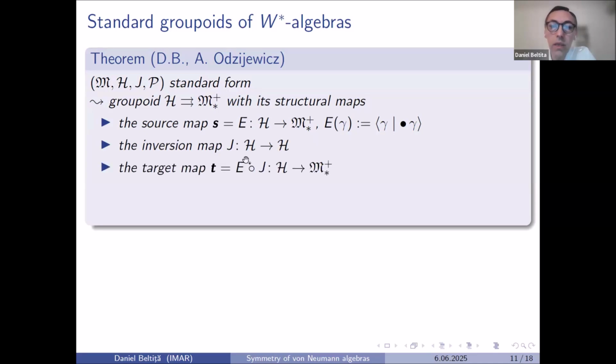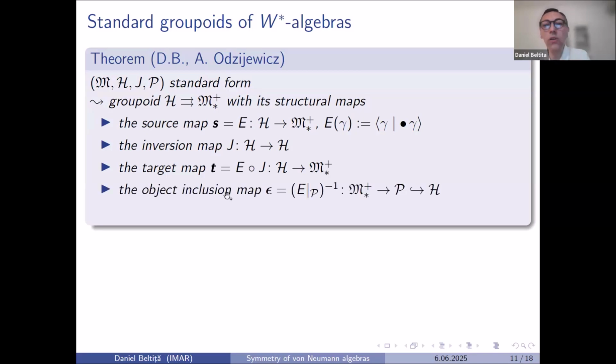The target of an arrow is the source of the inverse arrow. This is a tautological statement, so we cannot do otherwise but define the target like this. And quite interestingly, there is how we use the polar decomposition. Sorry, note. Before that, we have to define the object inclusion map.